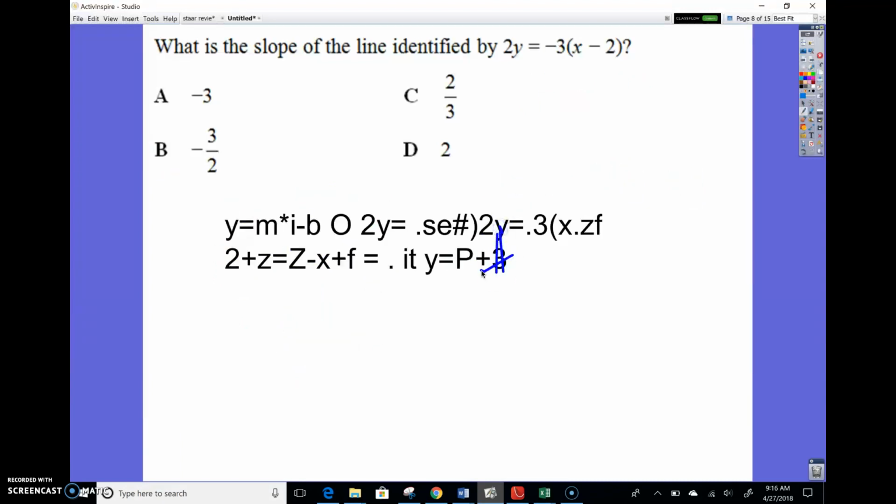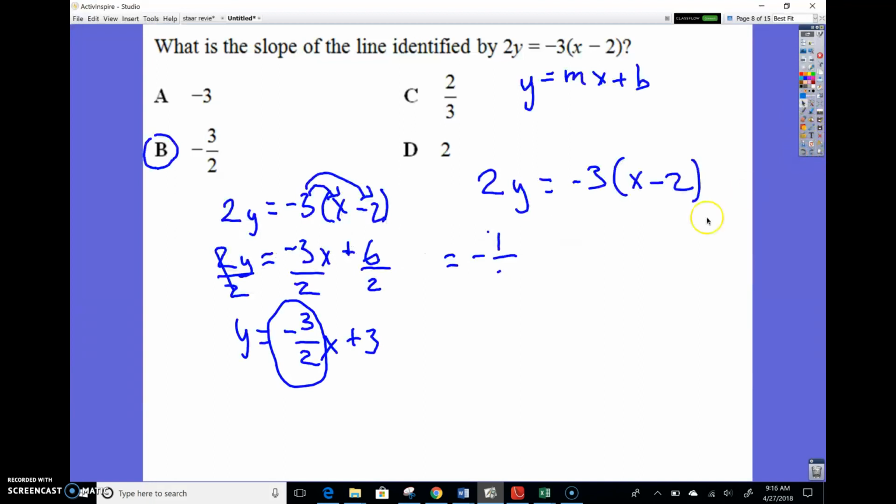I don't know how that happened. Let me erase all of that. Negative 1.5, right?